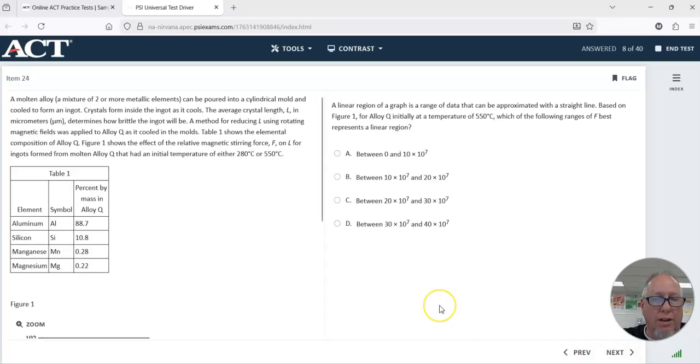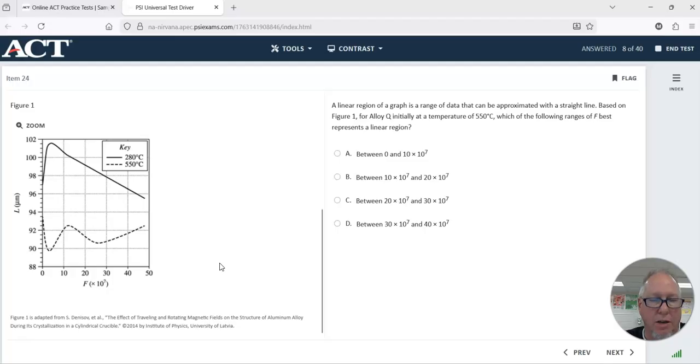Question 24 isn't necessarily a previous science knowledge thing, but it might throw you for a loop with these numbers looking weird. That's called scientific notation, or exponential notation. And it's actually kind of almost like one of the units on the graph here. So they're just asking you to read the graph, and like 10 times 10 to the, so if you're reading this point, it would be 10 times 10 to the 7th.